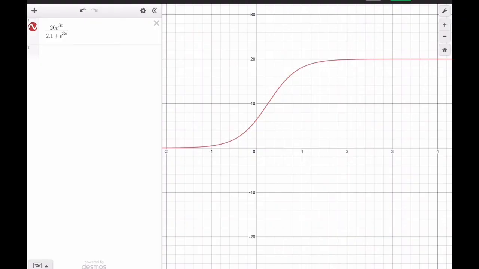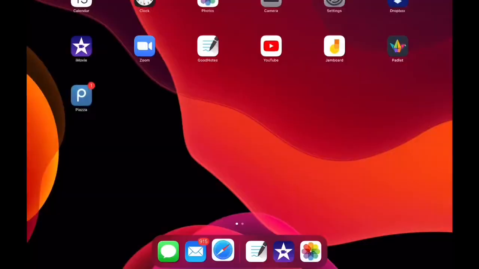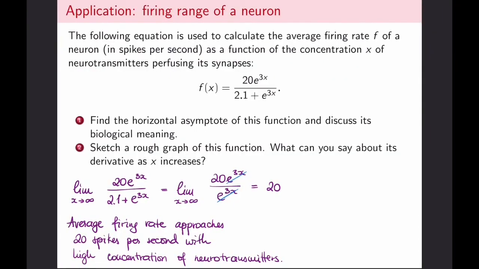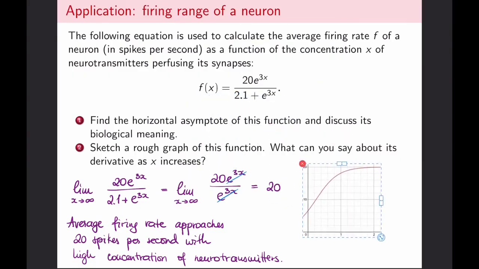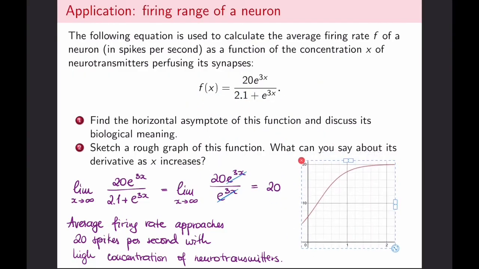So let me take the portion of this graph and paste it onto our slides here. There we go. Obviously, I am not interested in the negative values for x because x stands for concentration, and I'm really only interested in the graph until the horizontal asymptote behavior becomes very obvious.